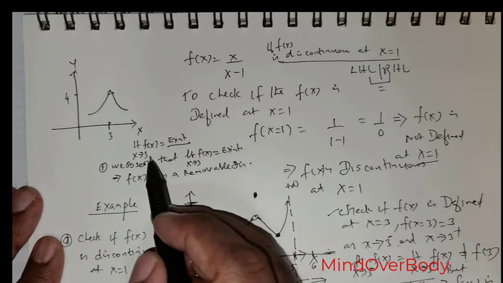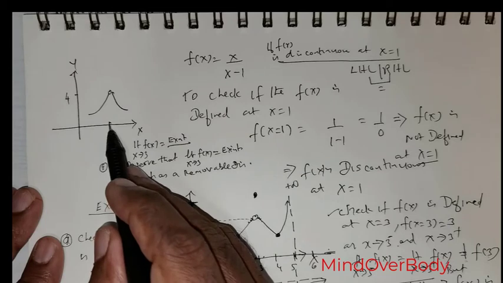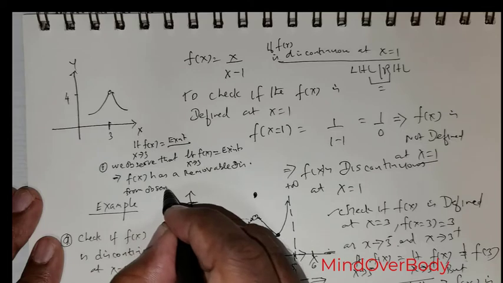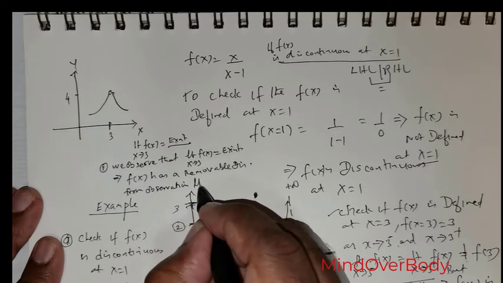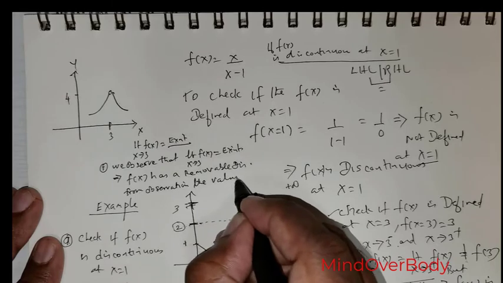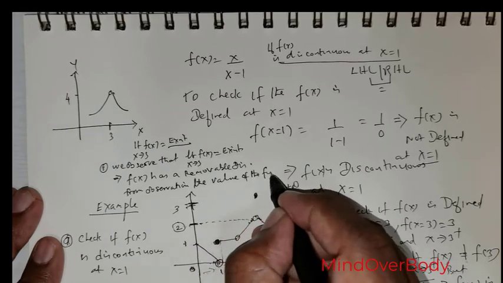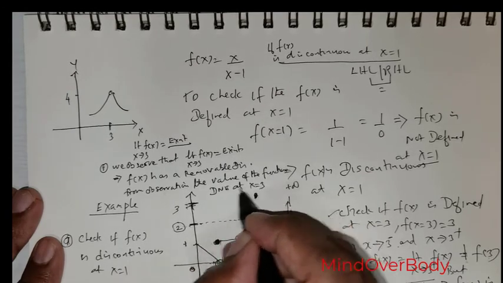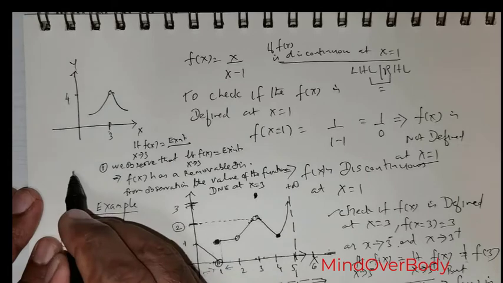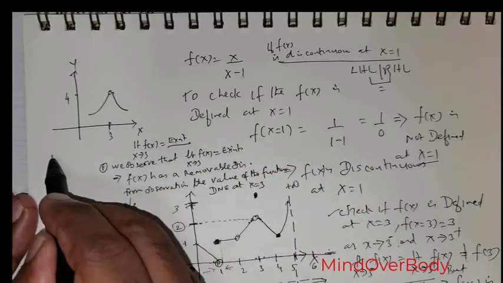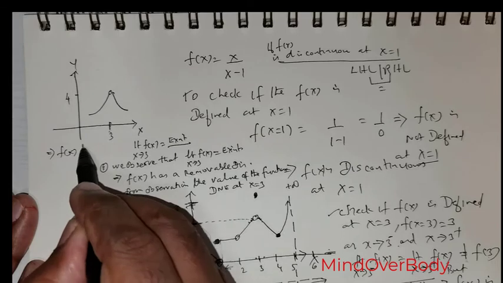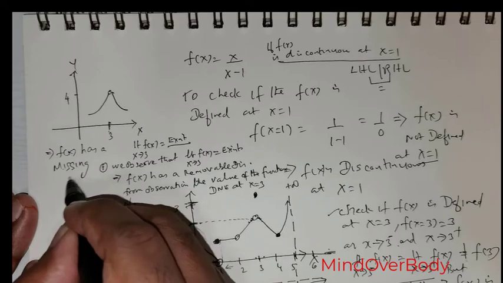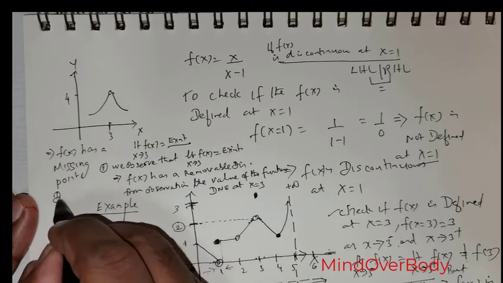Now if you were to find out the functional value from observation, the value of the function does not exist at x equal to 3. You see here? So this means, I am placing the conclusion here, f of x has a missing point discontinuity.